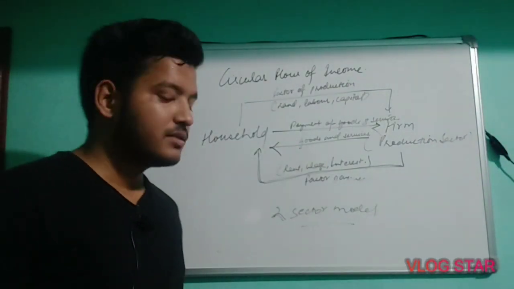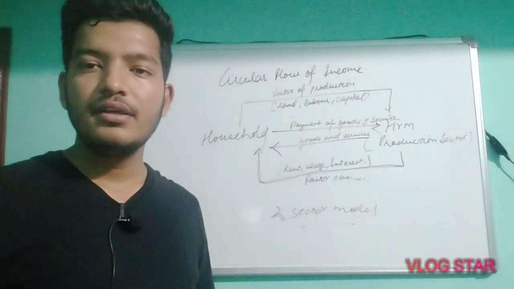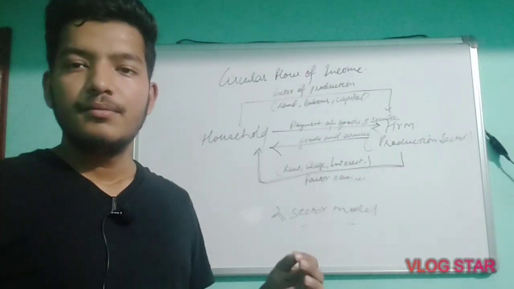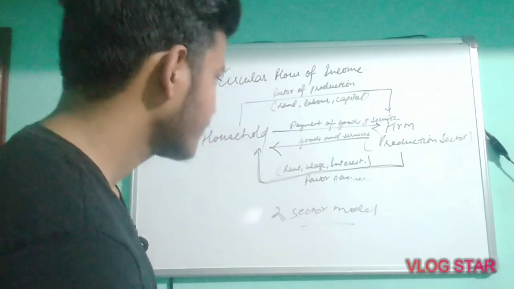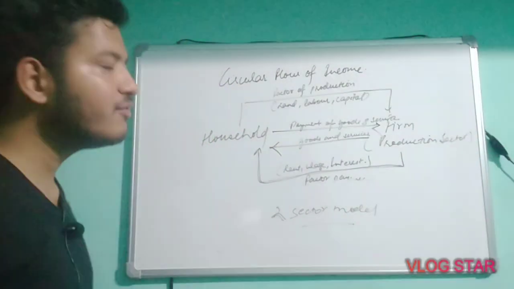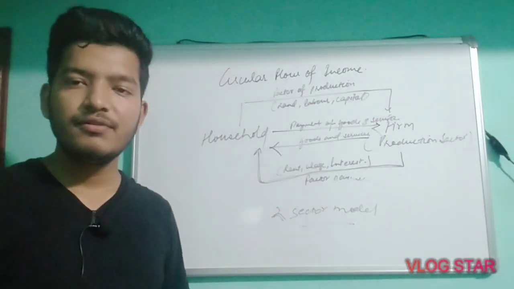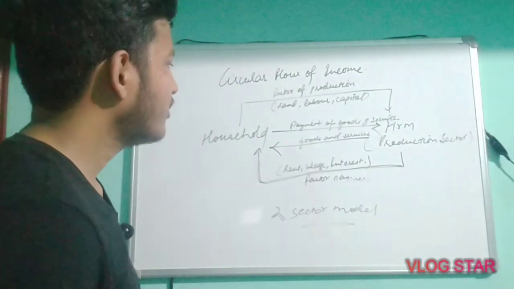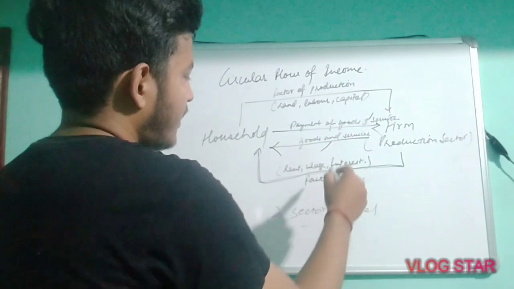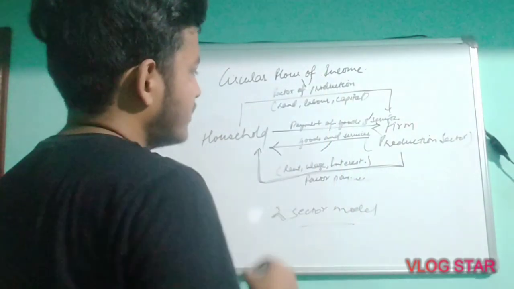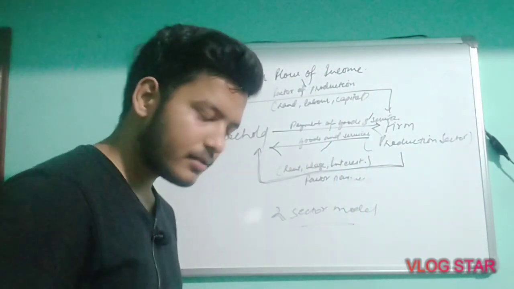After this we will discuss real flow and money flow of the two sector model. By money flow we mean there will be no involvement of goods and services and factors of production. So let's have a look.